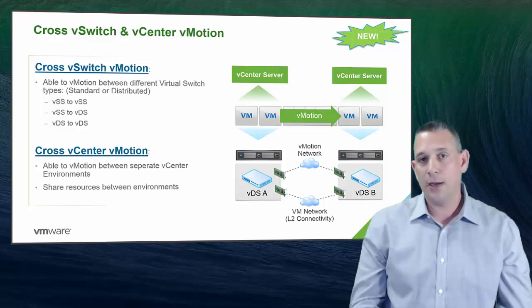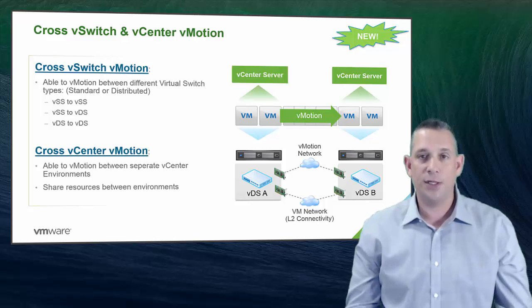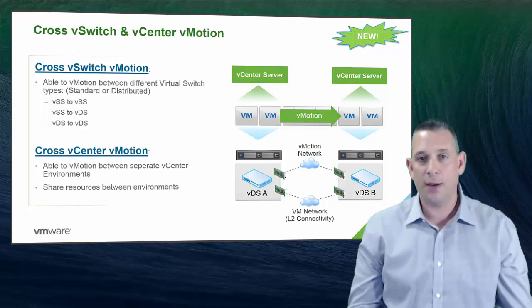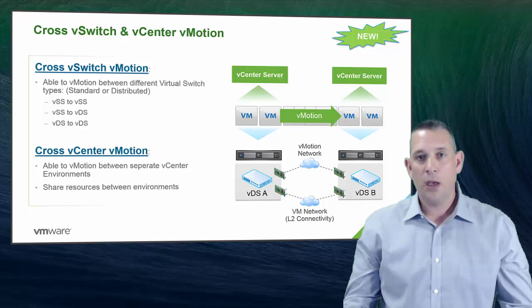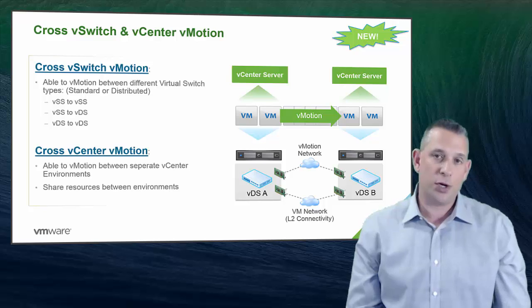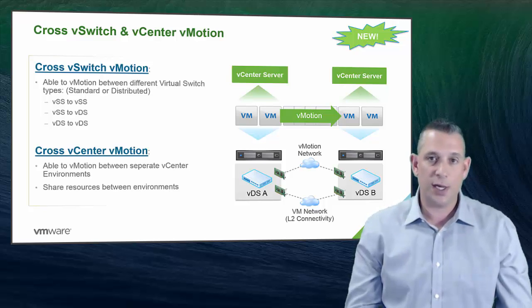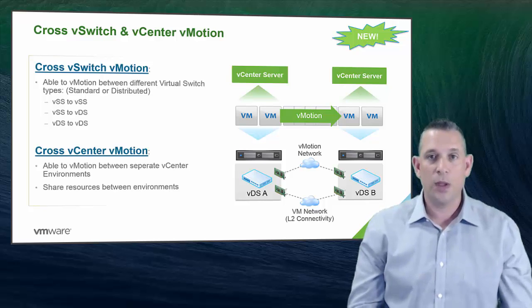It gives you the ability to vMotion a machine from one vCenter to another, even though they are managed separately. You can now look at them as one big environment, even though there are two separate vCenters. You can share those resources and look at the resources in both locations as one big pool of resources.